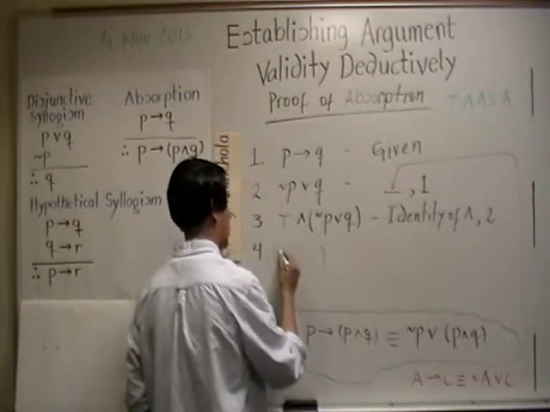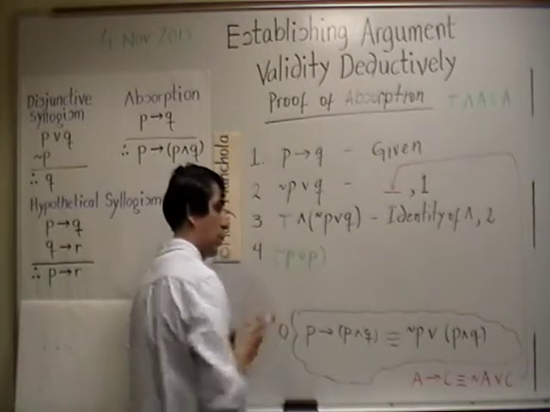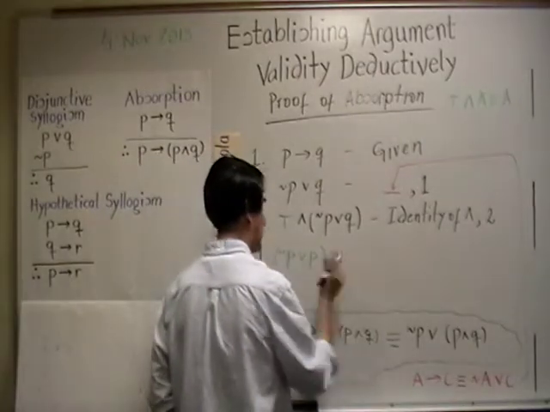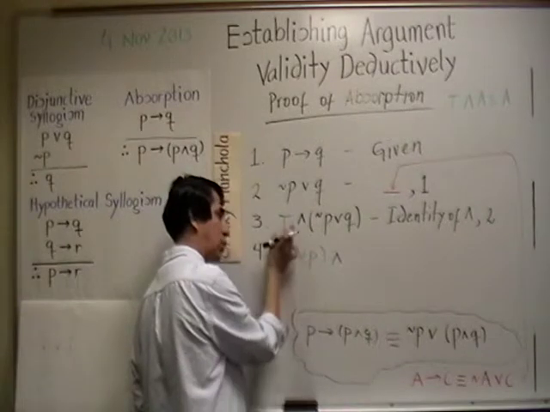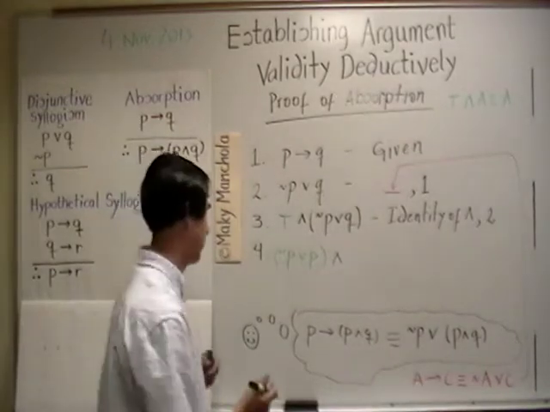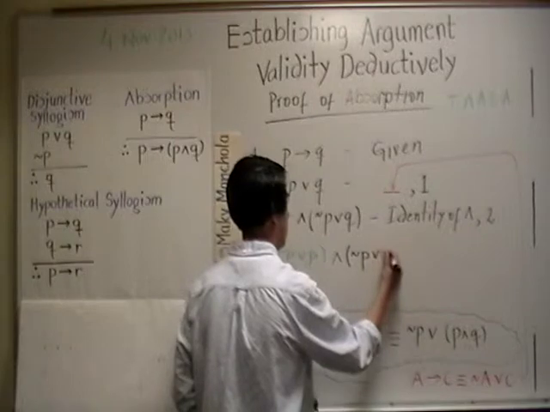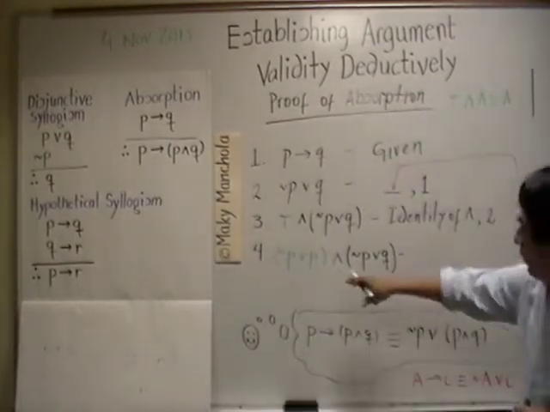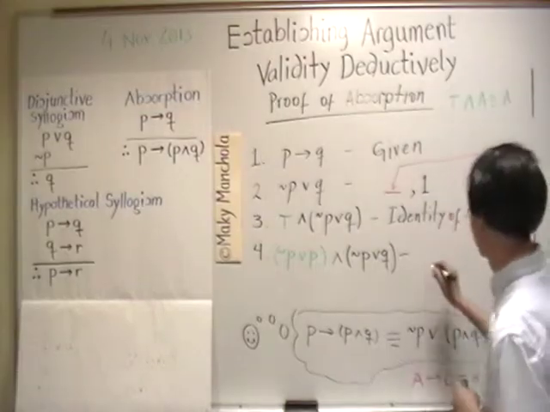If you take negation of P or P, that is logically equivalent to T. It is a tautology. Negation of P or P is a tautology. That means this is true, always, regardless of whether P is true or false. So here we're going to say that this follows from definition of disjunction.